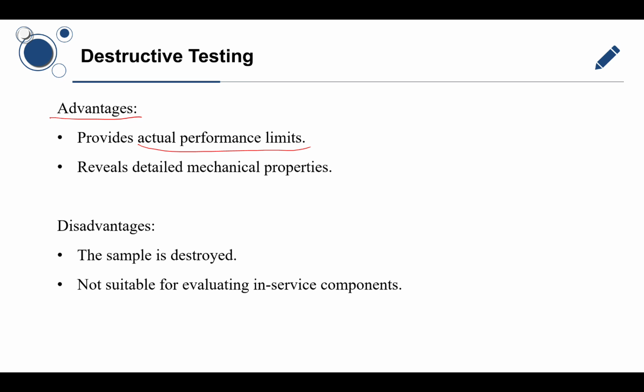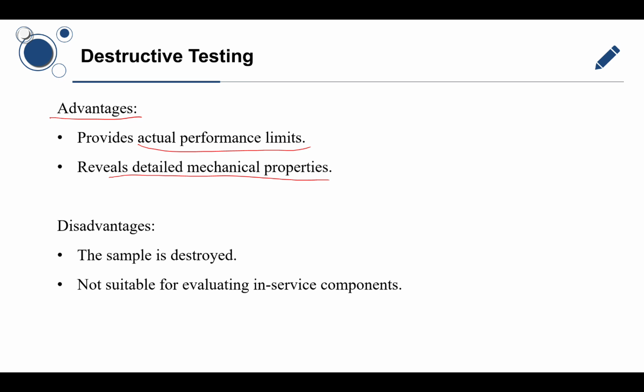So it provides accurate measurement of tensile strength, and impact testing gives the absolute limit, how much energy it absorbs. Then it reveals detailed mechanical properties, including how the material behaves under stress. So these are the advantages.